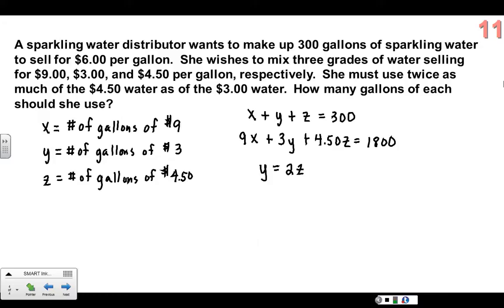That is not right. She must use twice as much of the $4.50 water as the $3 water.